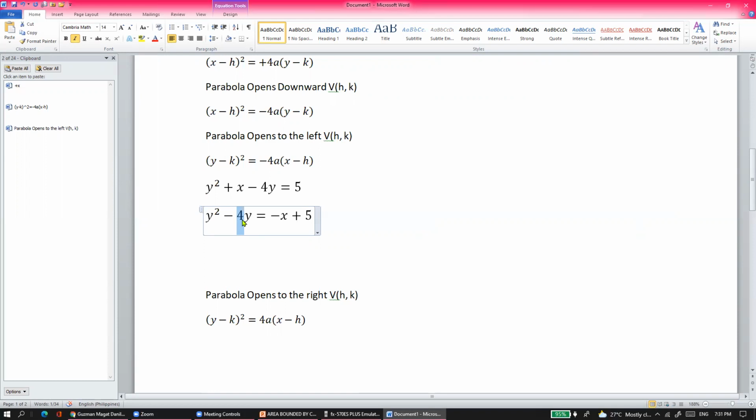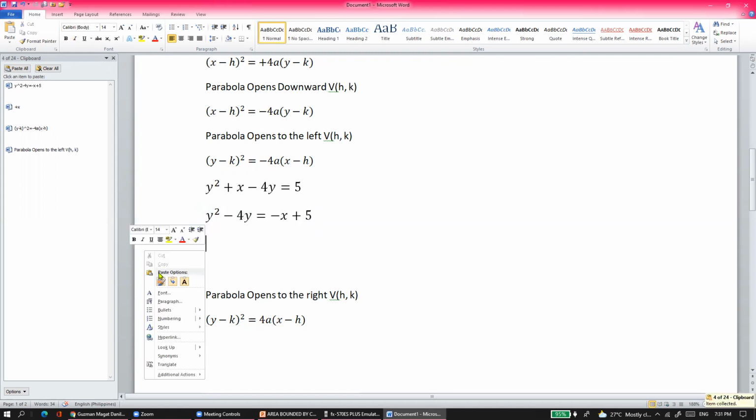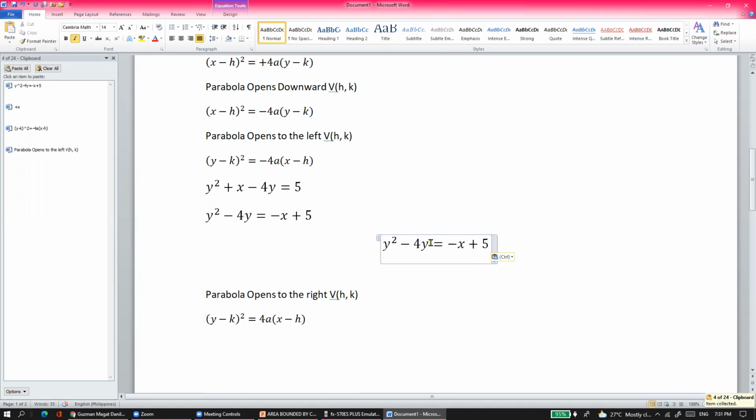Opo. Okay, so mag-a-add ako ng 4 sa both sides. Sa left, mag-a-add ako ng 4. Sa right, mag-a-add din ako ng 4.